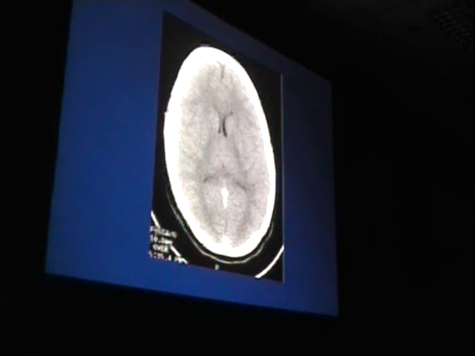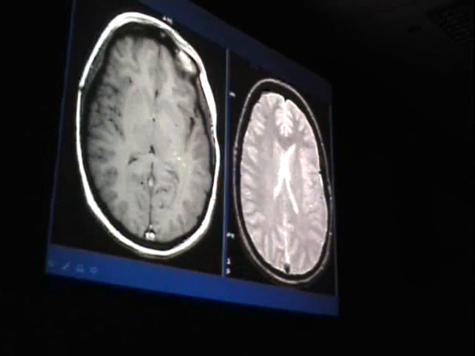So she went to MR for confirmation of this, and you can see on the non-contrast T1, there's elevated signal in the superior sagittal sinus and a little bit in the straight sinus here. Now on the T2 slightly higher level, you can see there's reduced signal. A lot of people look at the T2 weighted image to look for a flow void or not, and you can get mistaken because blood at various ages can appear dark on T2 images, so you may mistake it for a flow void.